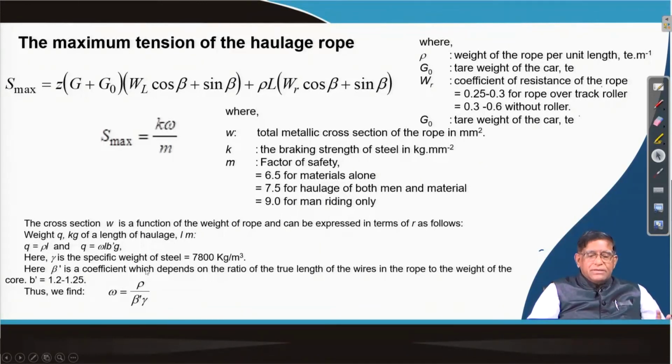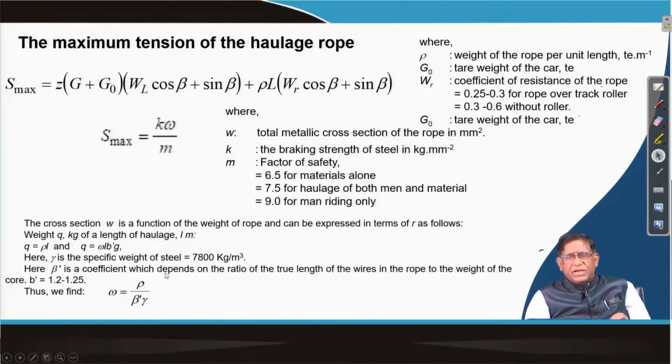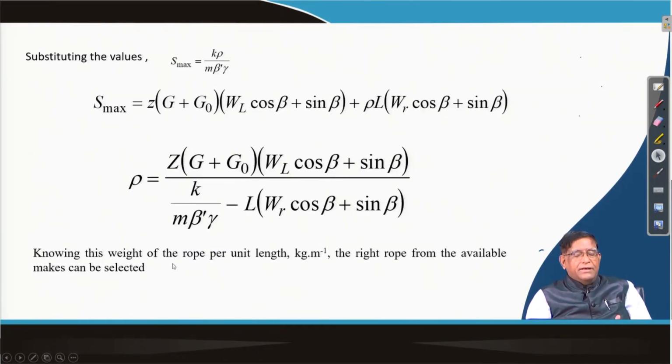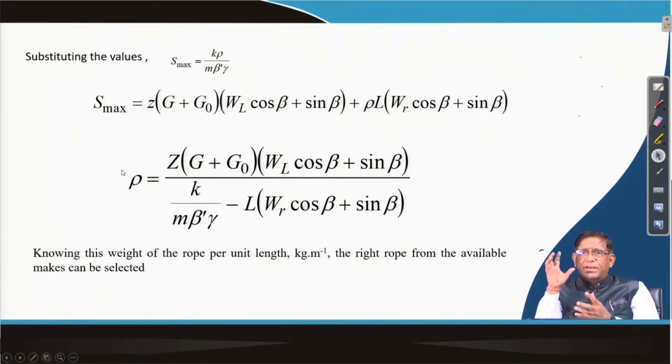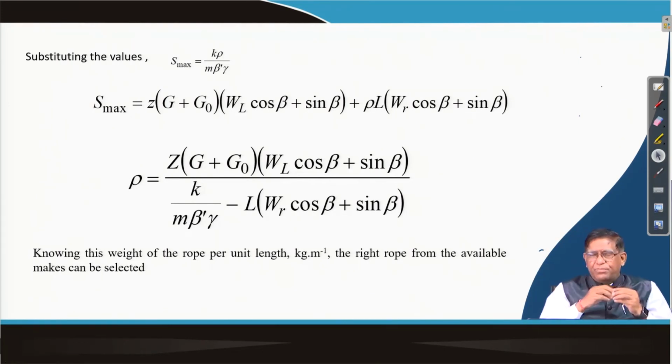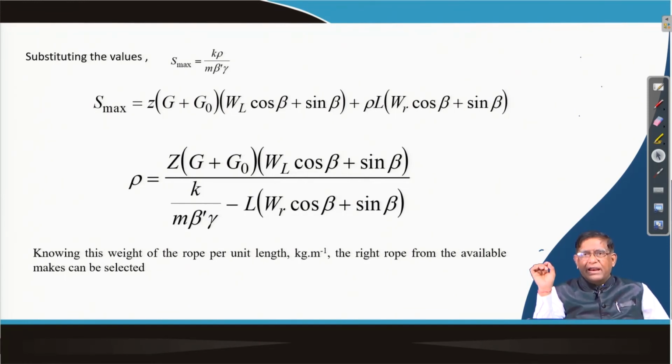So, this is the basic calculation principle which you can apply over here, and once you determine the maximum tension coming, then you can find out what should be the density of the material of which that rope is made. So, when you are going to buy wire rope for a haulage system, you must know what type of material will have to be selected. If you do not do that, there will be a problem there.